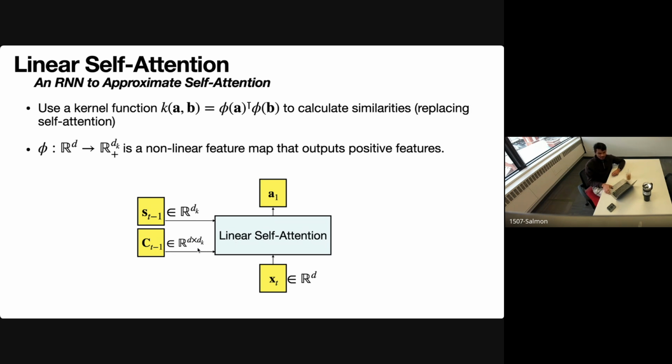Instead of having a hyperparameter m, which is the number of time steps back we want the agent to look back, for linear self-attention the recurrent state is a fixed size and it is not dependent on the number of previous inputs.